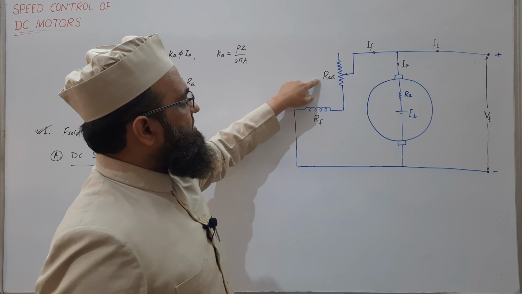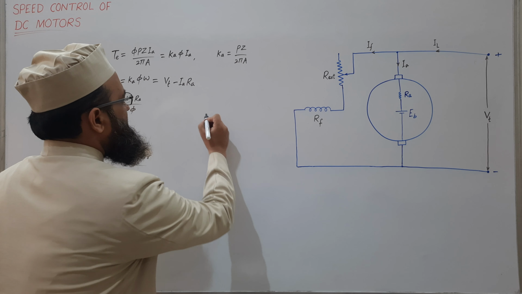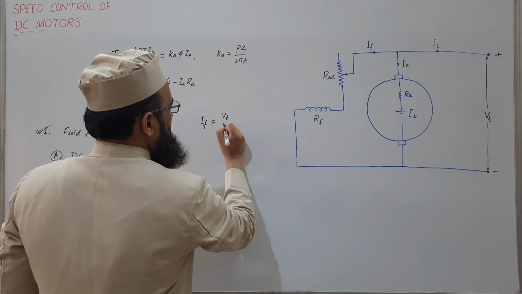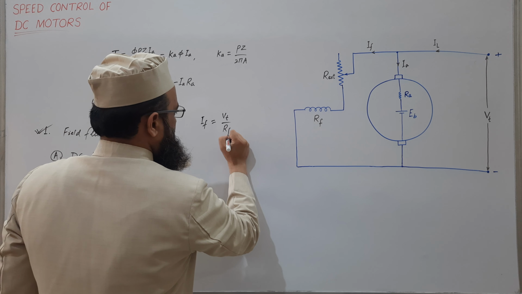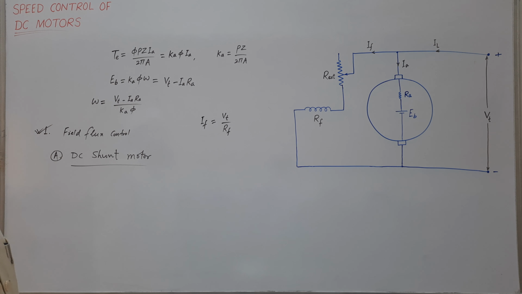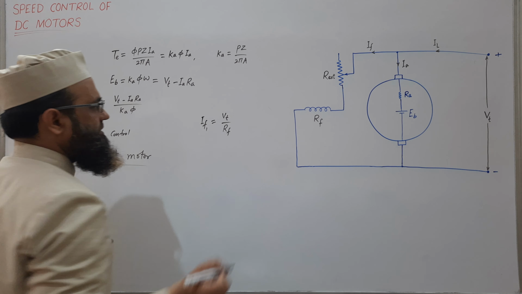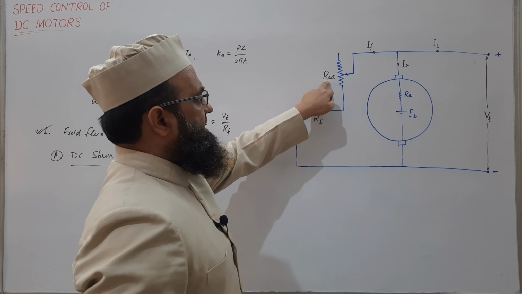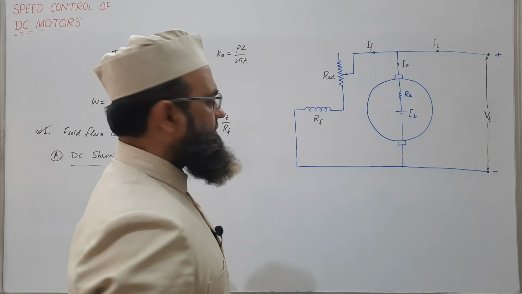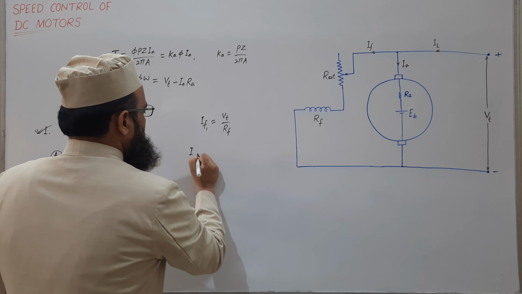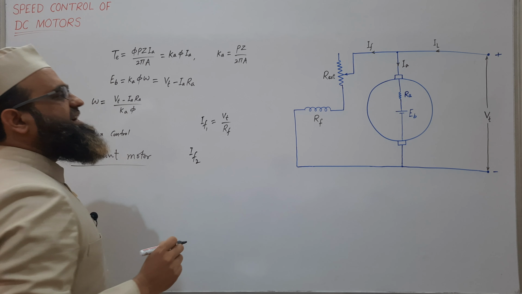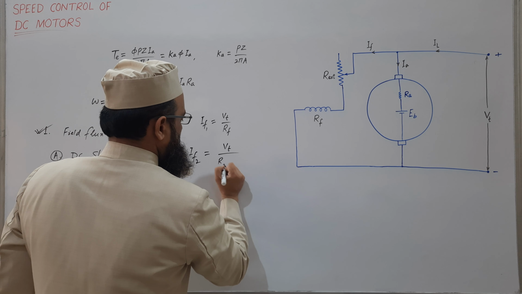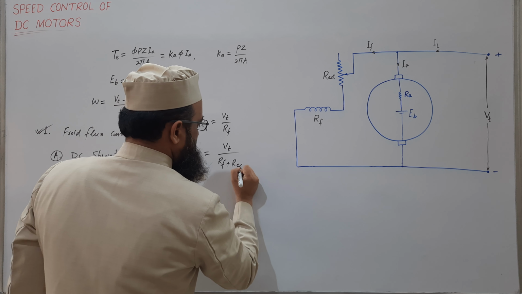So if this R external is 0, it means initially IF was Vt upon RF. Let us take IF1 initially or IF0. Once external resistor Rext is added in series with RF, then the field current will change to Vt upon RF plus Rext.